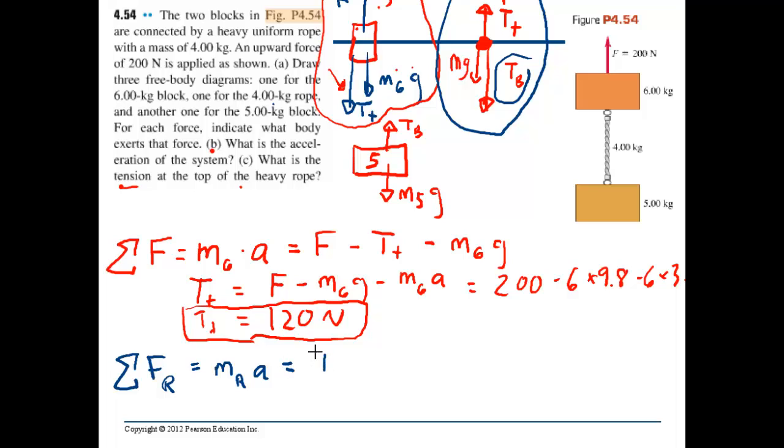And I'm going to have now the tension at the top of the rope going upwards minus the mass of the rope minus the tension at the bottom of the rope.